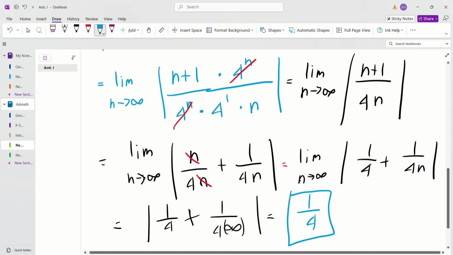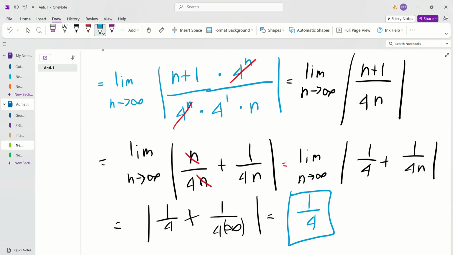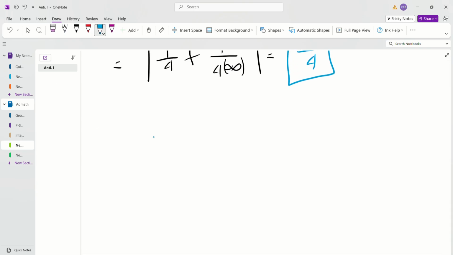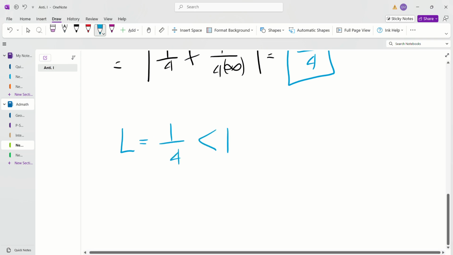Since L, which is equal to 1 over 4, is less than 1, therefore the series converges.